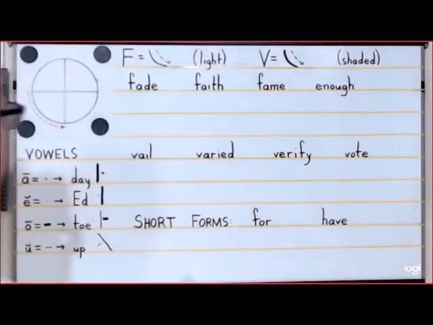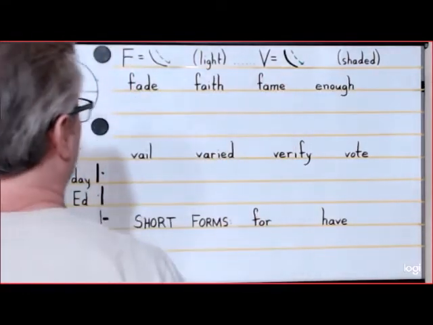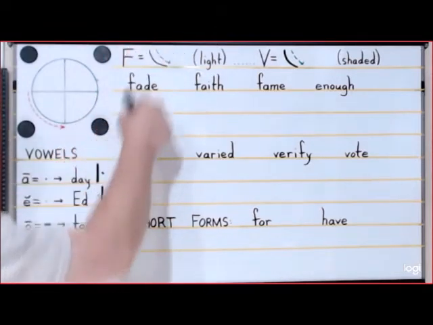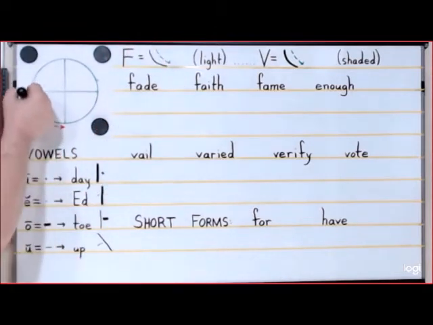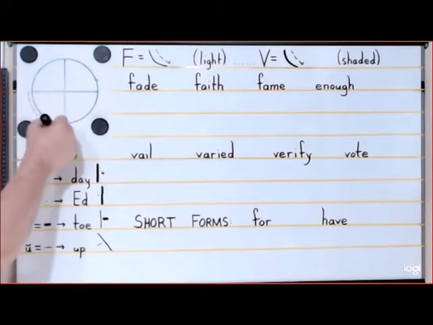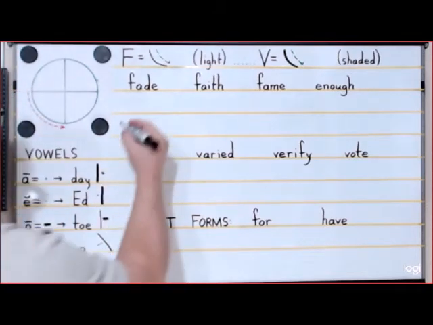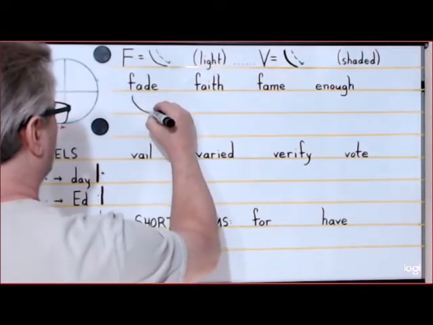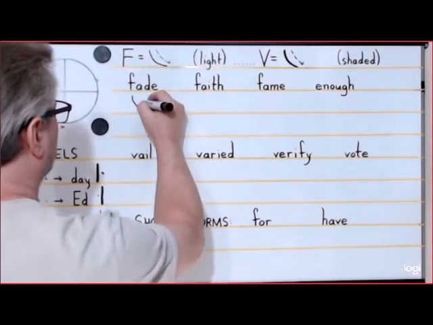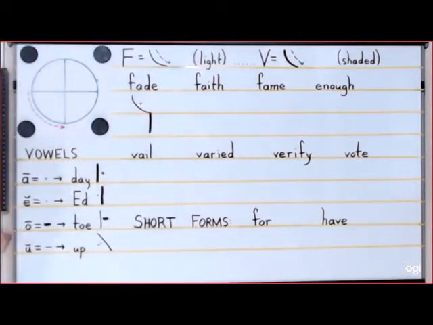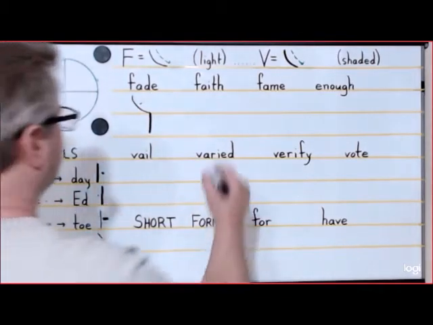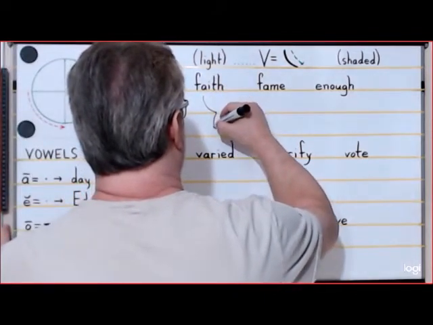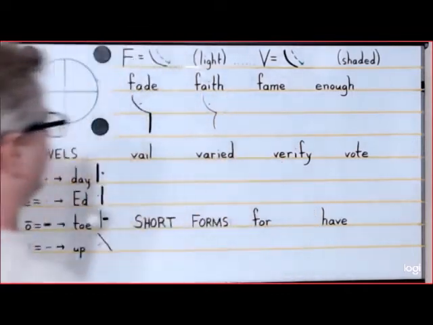The sounds F and V are represented by a curved down stroke as represented here in the lower left quadrant of this circle. So for the word fade, it is F and D, heavy dot. The word faith is F, TH, heavy dot.